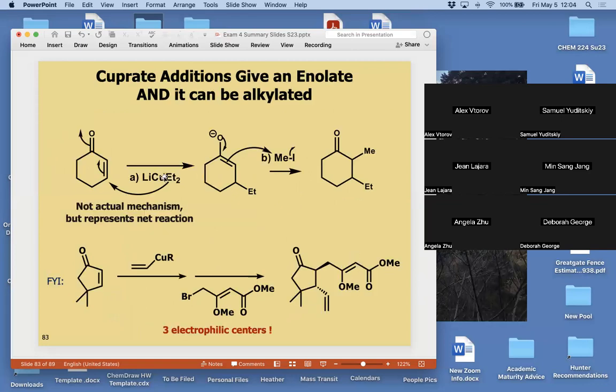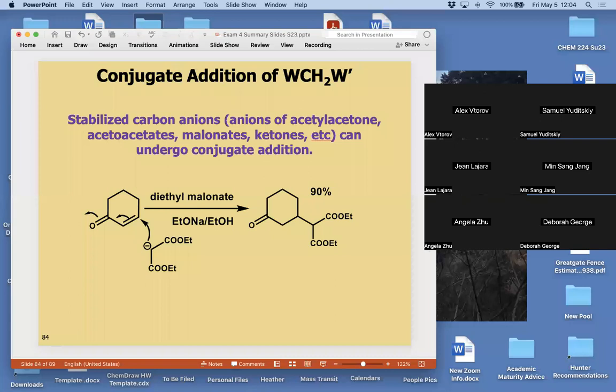The ethyl group on a copper is softer than the vinyl because of the covalent character. Here, a stabilized enolate is a soft anion. I keep getting people coming in and then people leaving. Anyway, excuse my muttering. And so this undergoes conjugate addition.